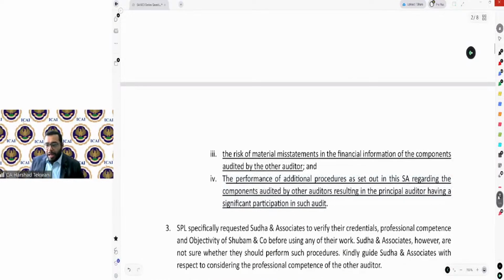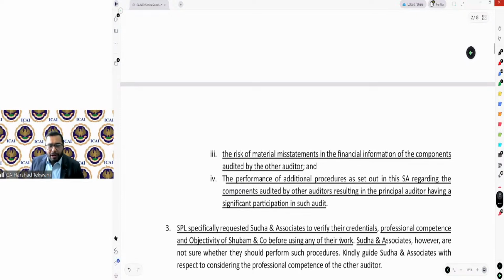Now, SPL specifically requested Sudha and Associate to verify the credentials, professional competency, and objectivity of Sudha and Company before using any of their work.